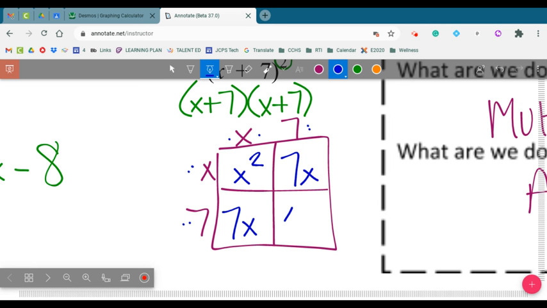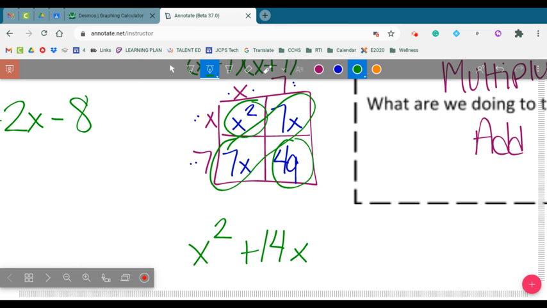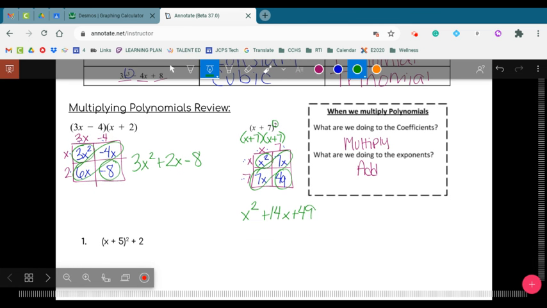And then 7 times 7 is 49. That looks like a really bad 49. Sorry, guys. So you get x squared. 7x and 7x is 14x. And then you have 49. Okay, so that's kind of a review of multiplying polynomials.